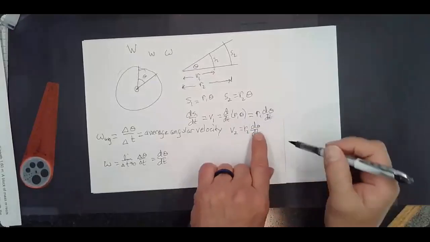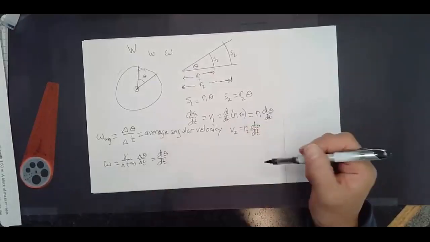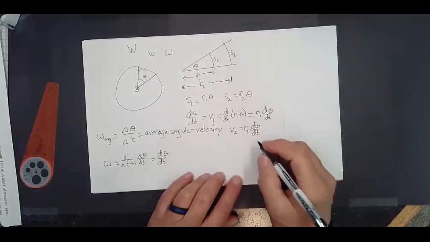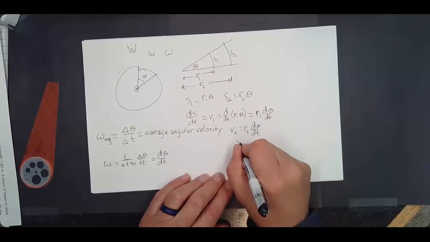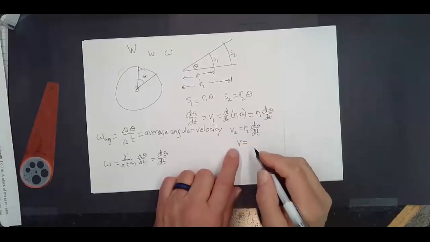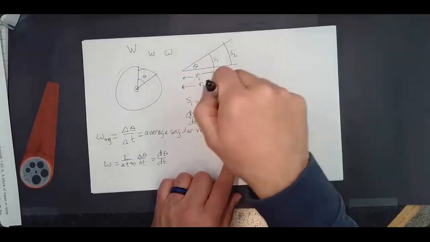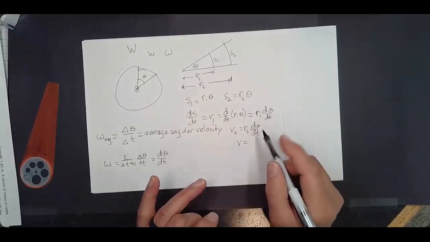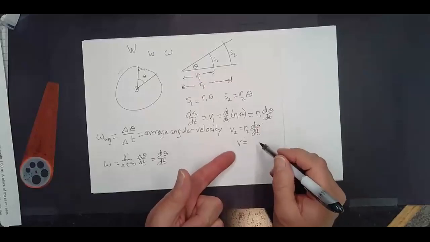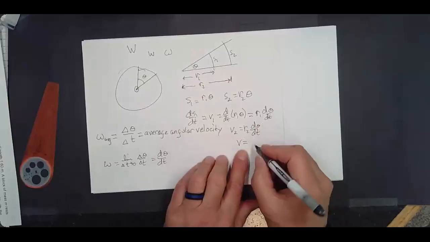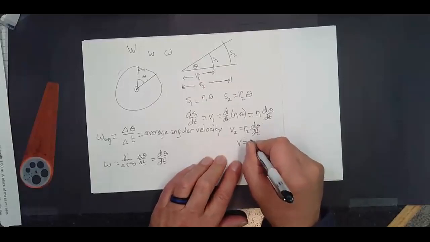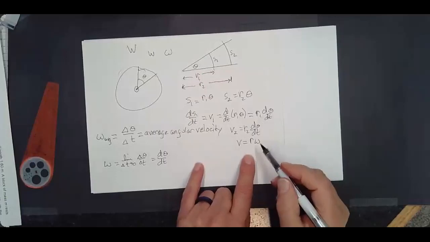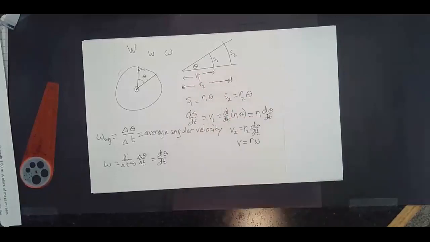And this is a connection between rotational motion and the one-dimensional motion of something traveling along there. The instantaneous velocity of something that's traveling along there will just equal r omega. And so it's going to be proportional to how far out there the thing happens to be.